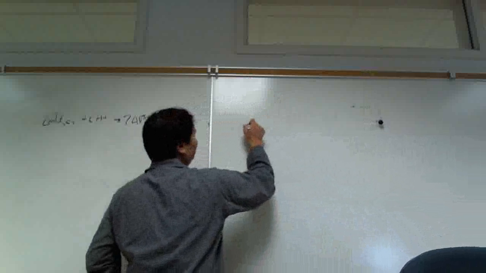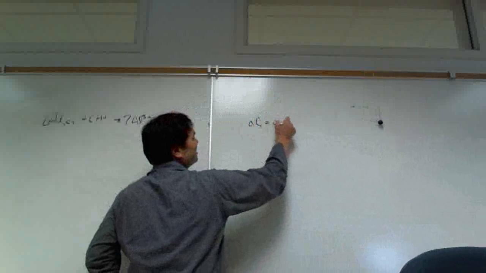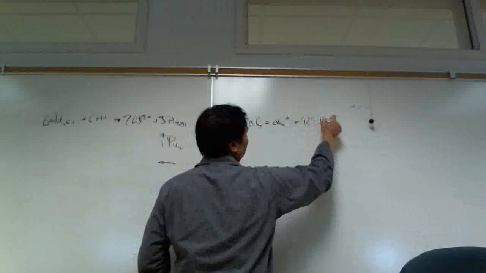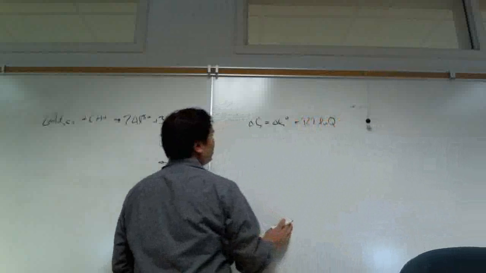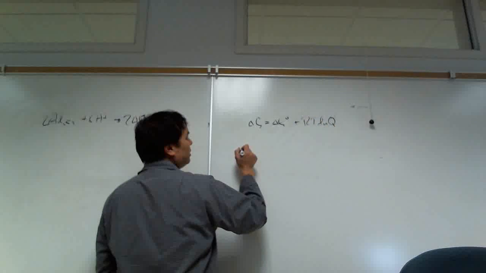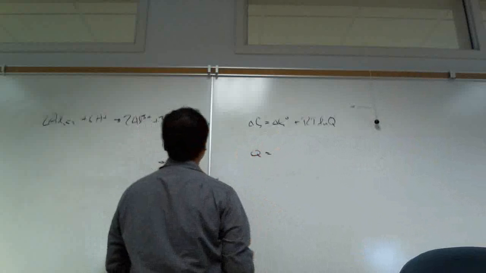So delta G under non-standard conditions is equal to delta G under standard conditions plus RT ln Q. All right, delta G under standard conditions we have. Q, what's Q going to equal?